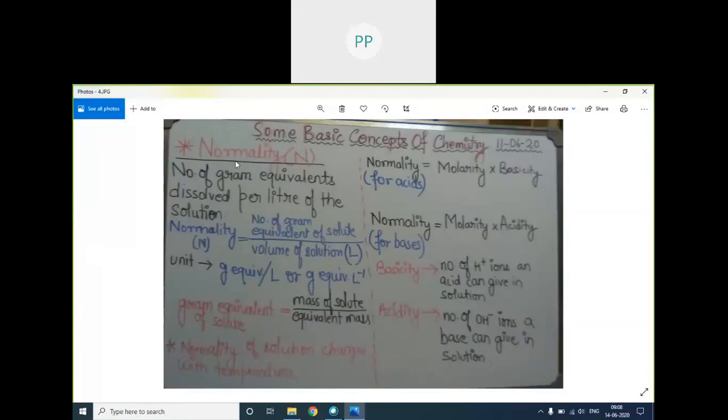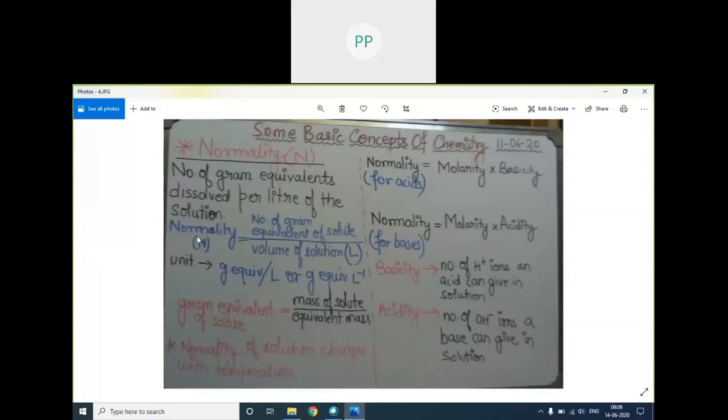One more concentration term, that is normality, denoted by capital N, is also not there in your syllabus, but we will use this term in our laboratories. So what is normality then? It is denoted by capital N and it is defined as number of gram equivalents dissolved per liter of solution. It is the same as molarity only.